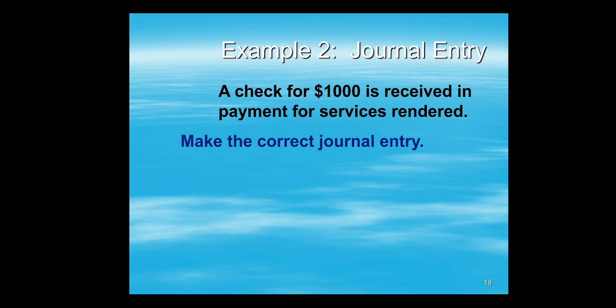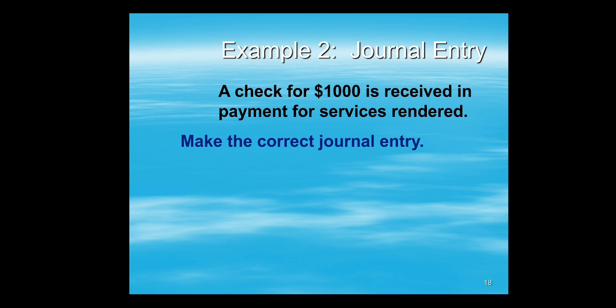Asset increases, the name of the asset is cash, because imagine there is a business, one day the business received cash $1,000 or check $1,000, so check is cash. What is the effect of this transaction on liability? There is no effect on liability, zero effect, because the business does not borrow anything from anybody.